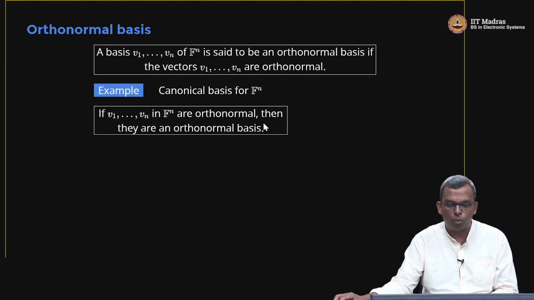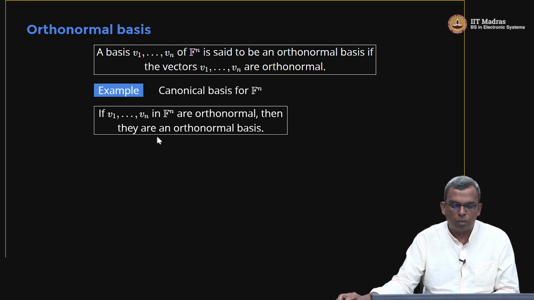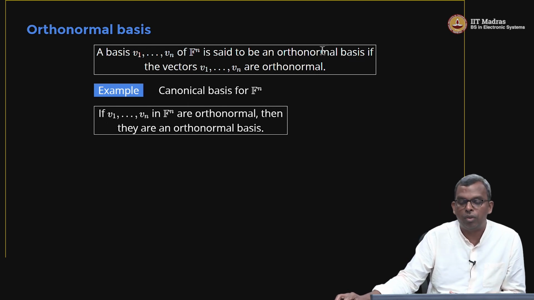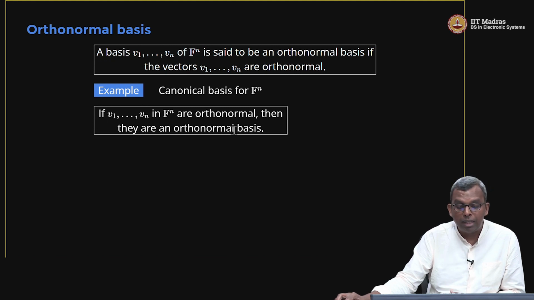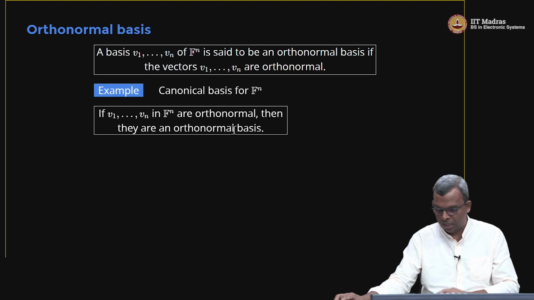Very easy to say. So here is another fact. Here I have said that for a basis, if the vectors are orthonormal, it's an orthonormal basis. It turns out that if you have n vectors in Fn, v1 to vn, and they are orthonormal, then they are actually an orthonormal basis. Why is that?